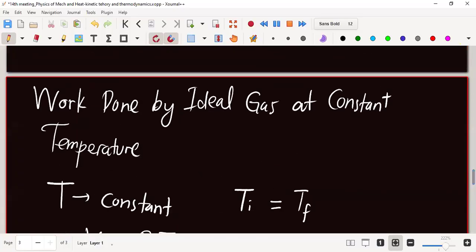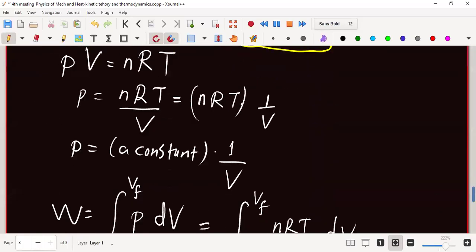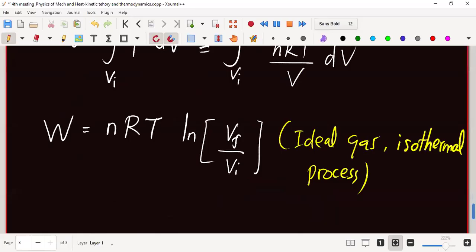There is no change in the temperature. It means that final and initial temperature are the same. Any question for the work done by isothermal process or constant temperature?